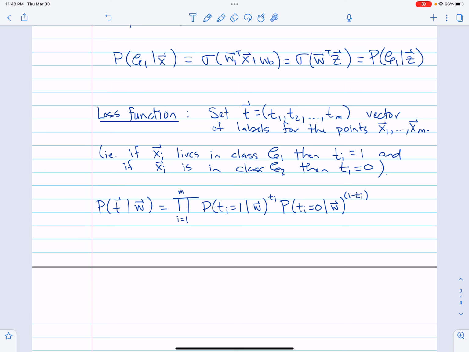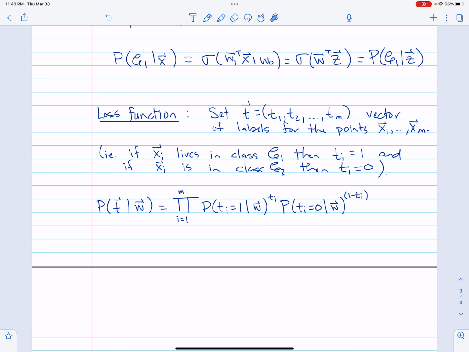Okay? So again, if the correct label is equal to 1, then ti is equal to 1, and this term here is just this probability here, whereas this term is going to vanish because the exponent is 0, so this term is just going to be equal to 1, and all we're really left with for that particular point is this probability term here.